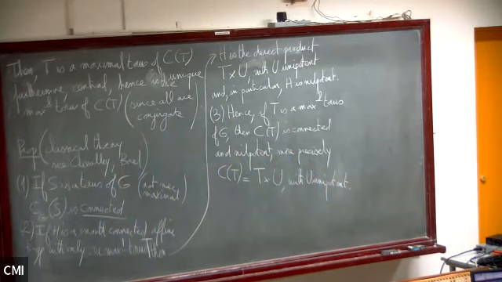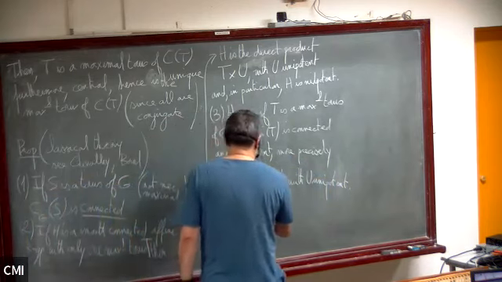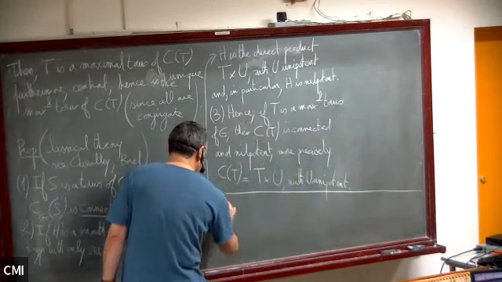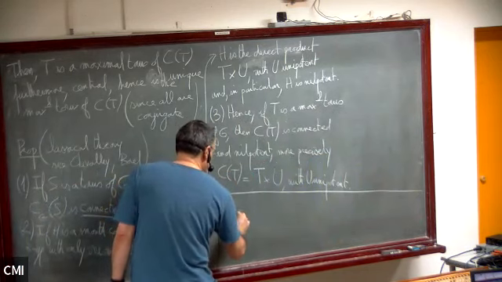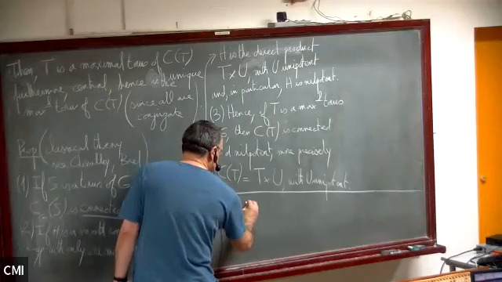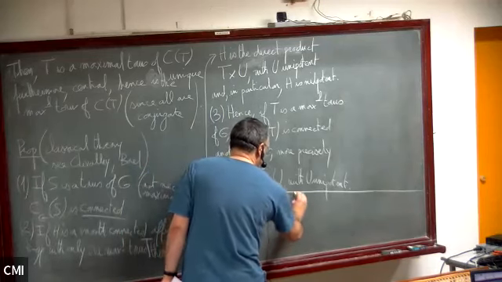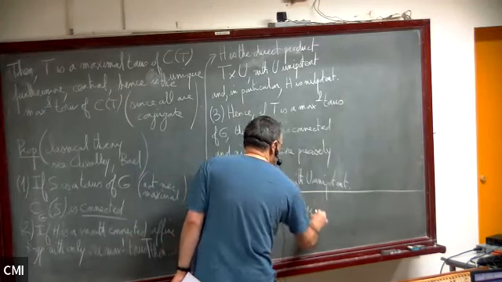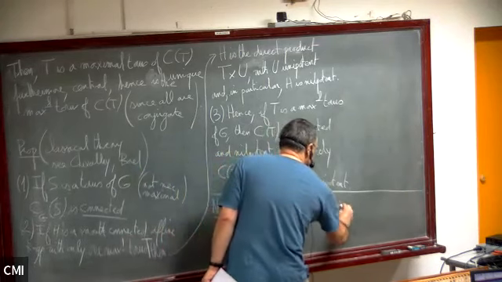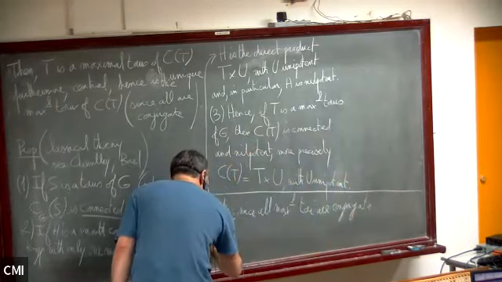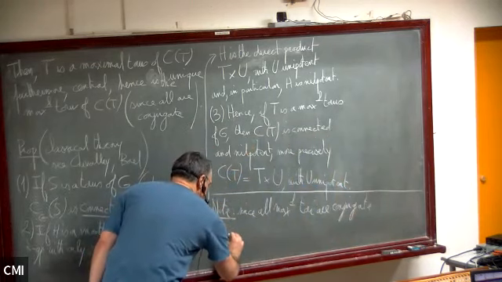And of course, note since all maximal tori are conjugate, all Cartan subgroups are also conjugate.